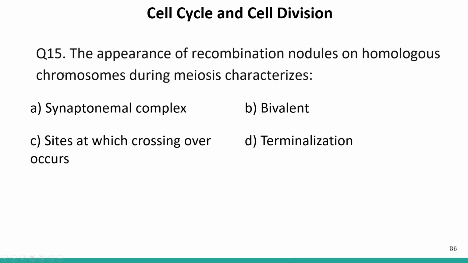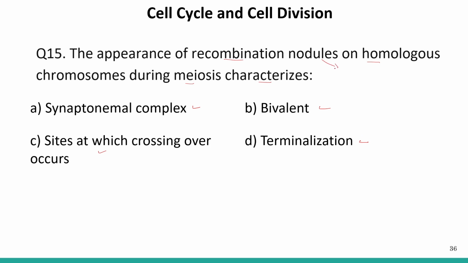Now let's talk about the next question. They are asking, the appearance of recombination nodules on homologous chromosomes during meiosis characterizes: first one is synaptonemal complex, then we have the bivalent, then sites at which crossing over takes place, and terminalization. So what should be the answer?